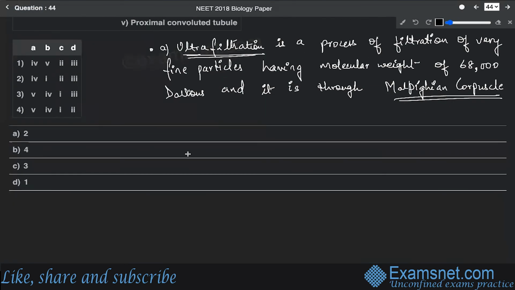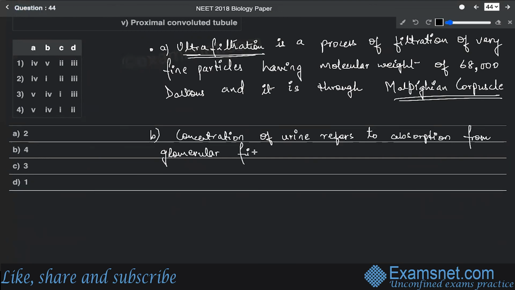We can just write that option B is concentration of urine, which refers to absorption from glomerular filtrate as a result of hyperosmolarity.